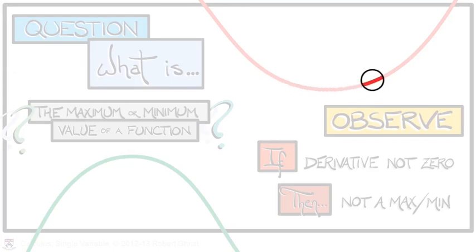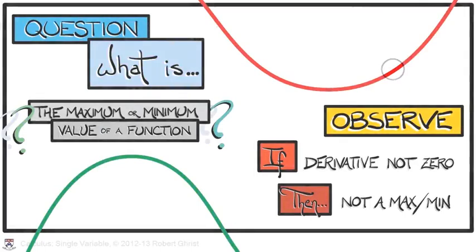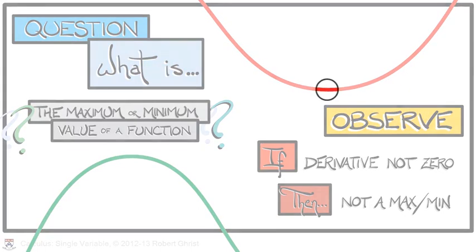On the other hand, if the derivative is a positive value, then the function is increasing locally as we increase the input.